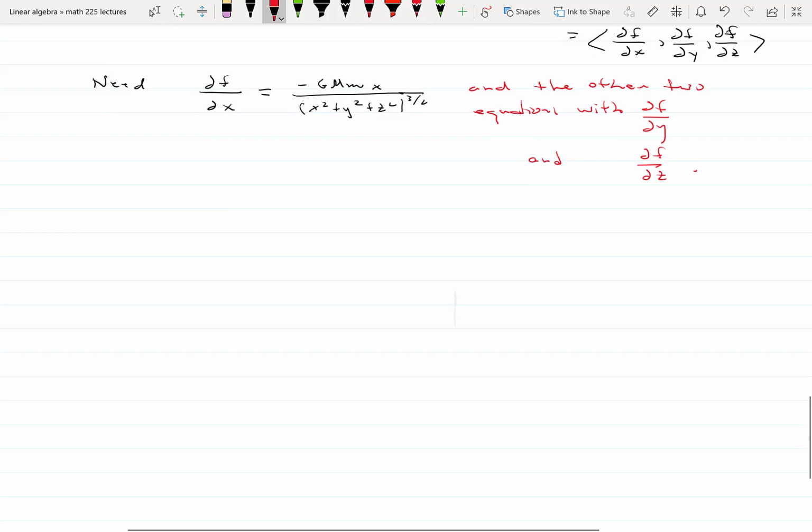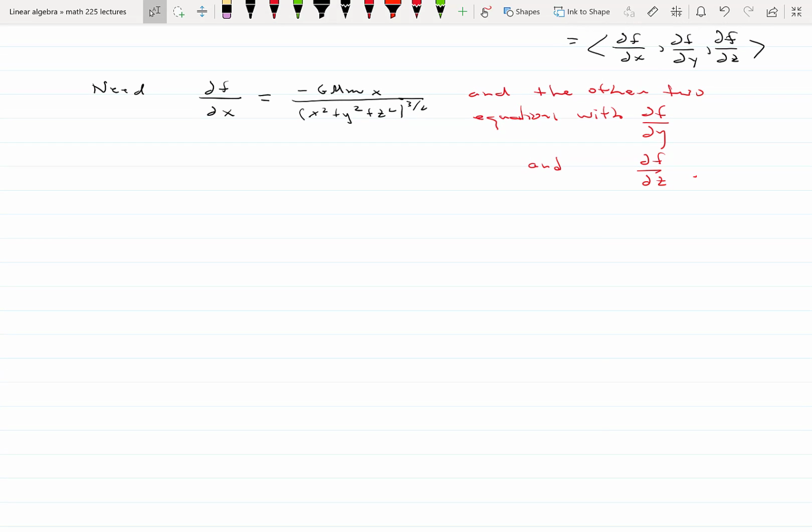So how do I go from the derivative with respect to x of a function to the actual function? If the derivative f prime of x were, say, 2x, then f of x would equal the most general antiderivative of 2x, or x squared plus a constant.